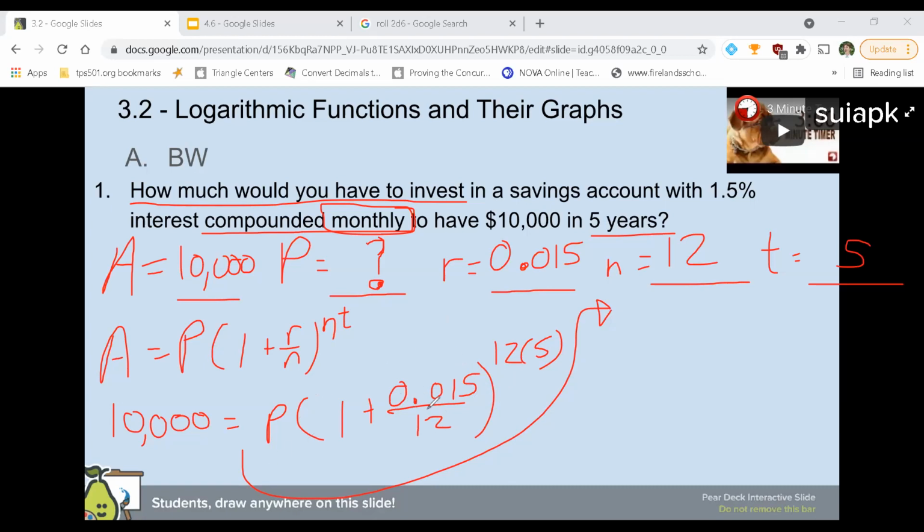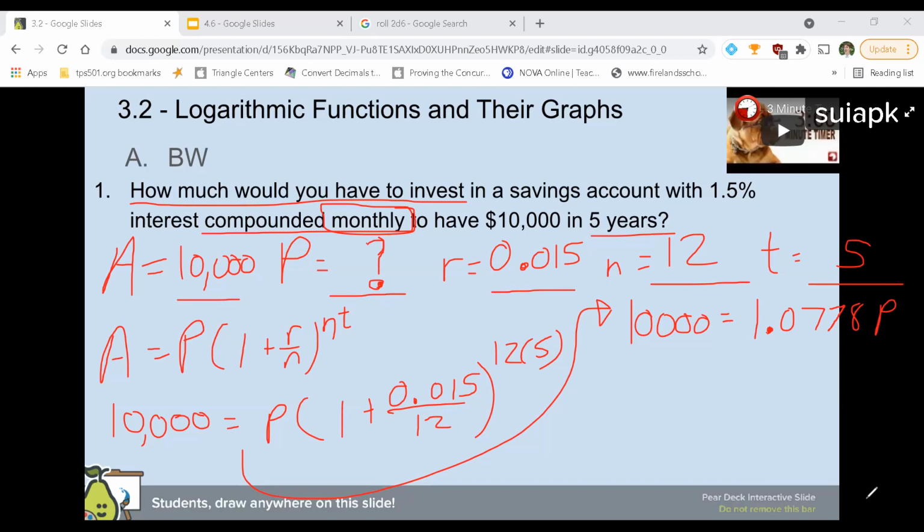So what is parentheses 1 plus 0.015 divided by 12 raised to the 60th power? 1.0777.